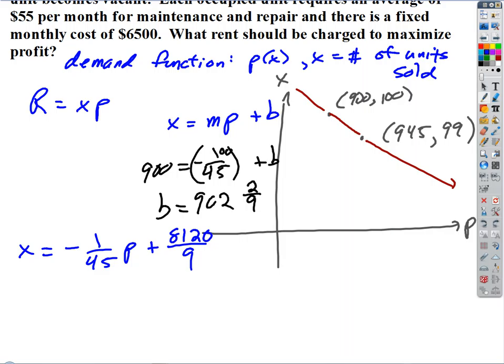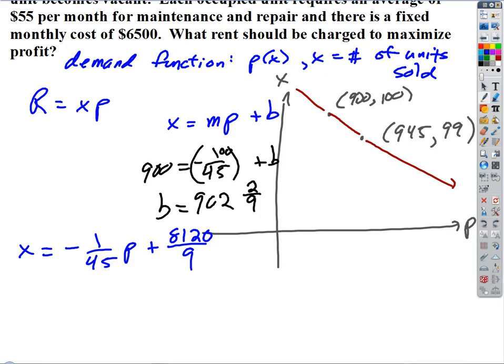Something doesn't look right there. Oh, yeah, okay, I see it. I think I did this backwards, because we really want P as a function of X, not X as a function of P. So we need to solve this for P. That's no big deal.